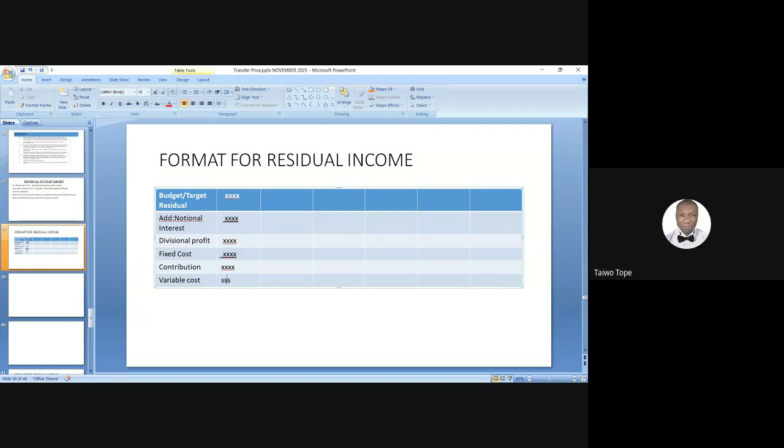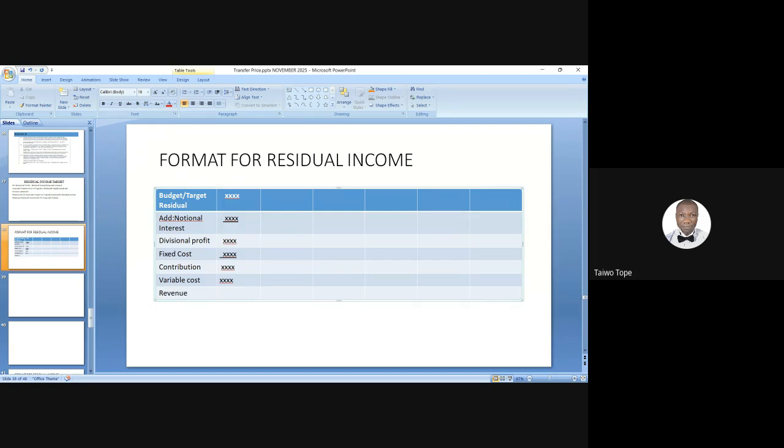So on a bigger platform, we'll say revenue, right? Because on a normal day, when you're trying to get your contribution, we'll say selling price minus variable cost, isn't it? So once you work the other way around, contribution plus variable cost will give you revenue.